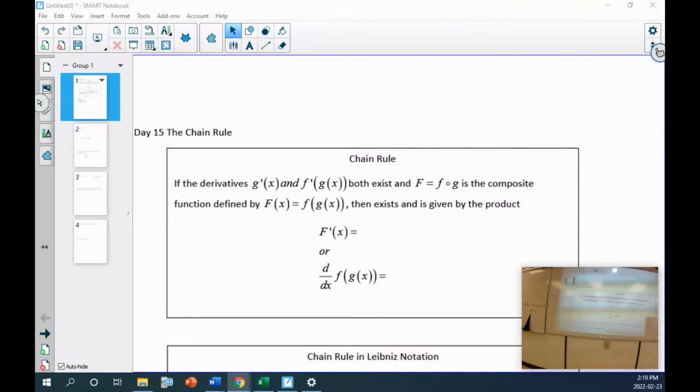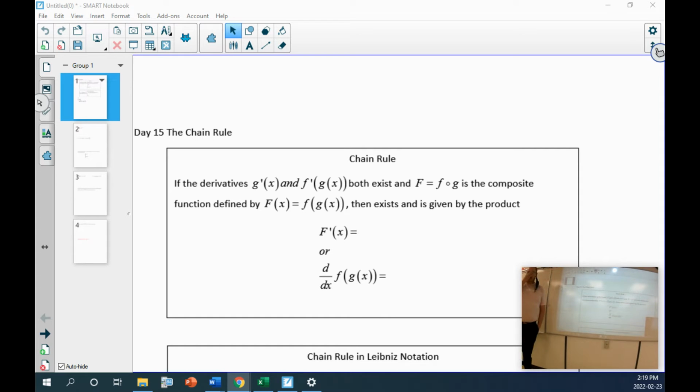Chain rule is the rule that will allow us to do the most complex derivatives. Okay, so we've done 2x plus 1 all squared, and we expanded it out. But if that's 2x plus 1 to the power of 10, no desire to expand that.